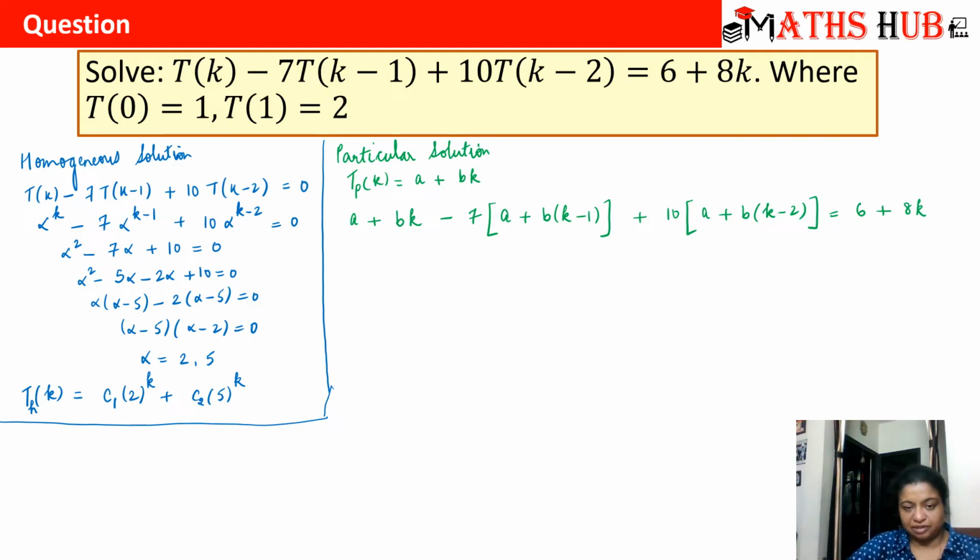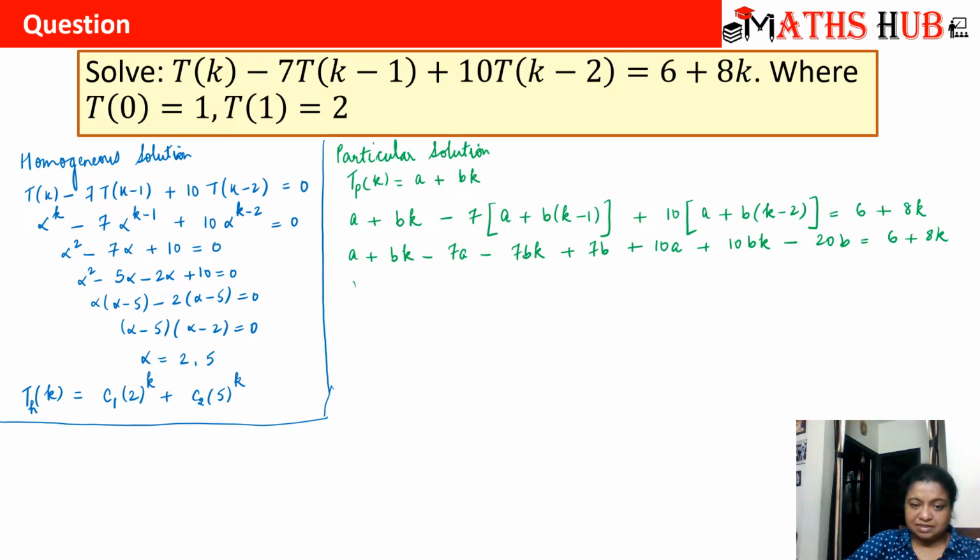So we can proceed further, right? So now let us calculate these coefficients. So let us solve this. a plus bk minus 7a minus 7bk plus 7b plus 10a plus 10bk minus 20b is equal to 6 plus 8k.